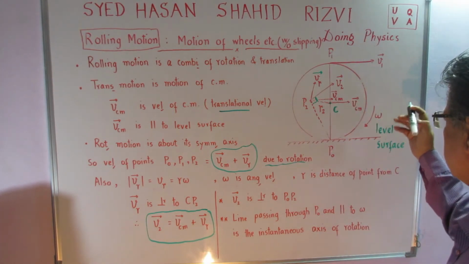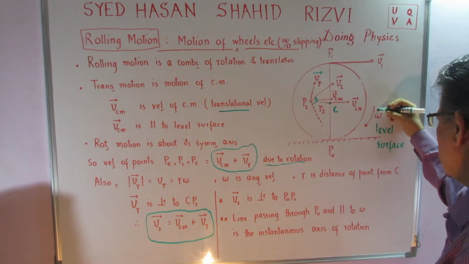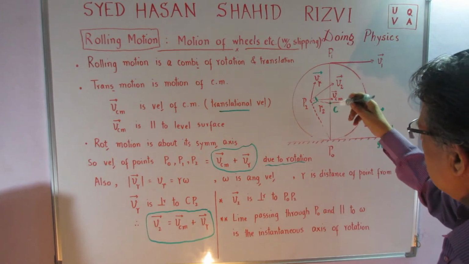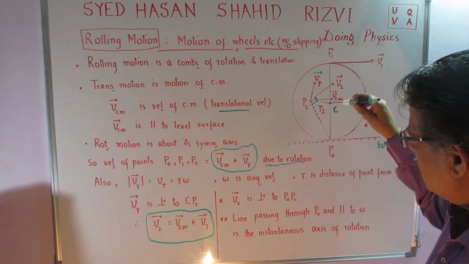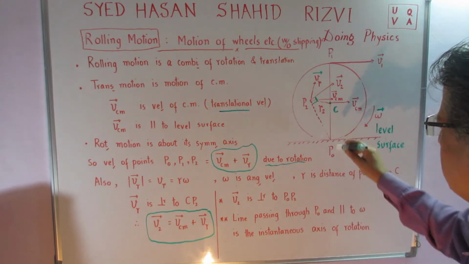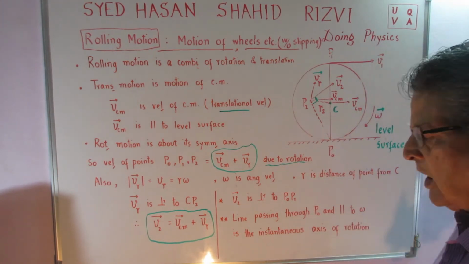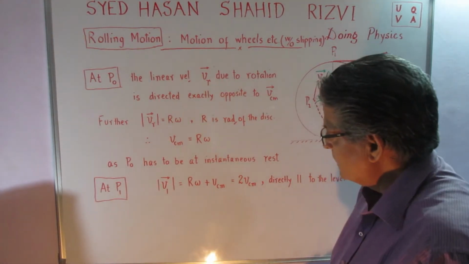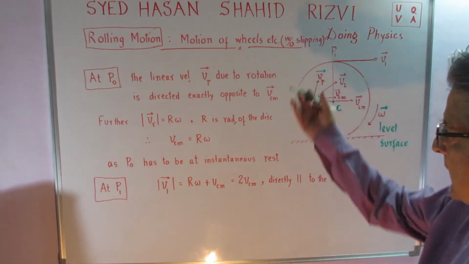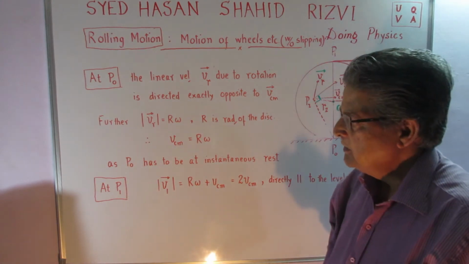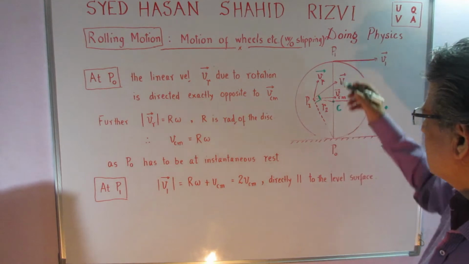Naturally, if I take it as a vector, then this velocity is out of the board, and the instantaneous axis of rotation is also out of the board.